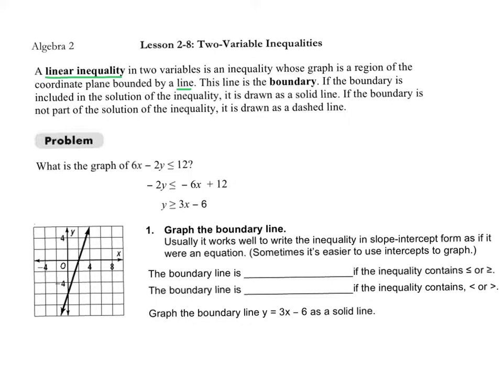And you may remember that the boundary line, whether it's solid or dashed, is determined by the kind of inequality that it is. We'll talk about that in a moment. Okay, so for the first problem, you're graphing the inequality 6x minus 2y is less than or equal to 12. So subtracting 6x from both sides, and then dividing by -2.